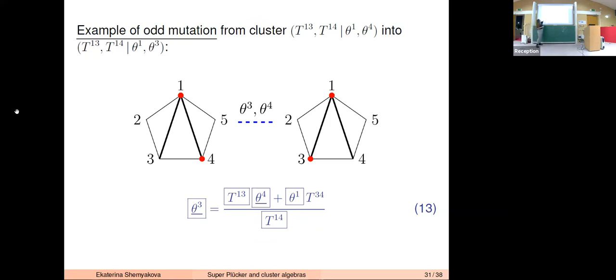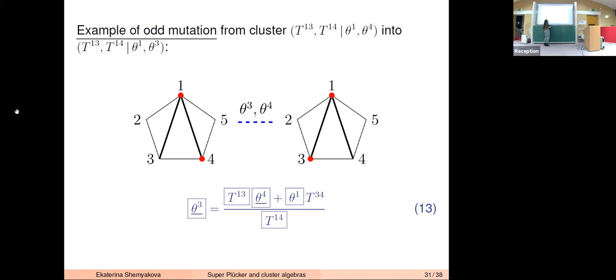Here I don't need to explain what clusters are. Here is the cluster T13, T14, which is even, and CT1 and CT4 are odd. What happened here is that 3 and 4 exchange.